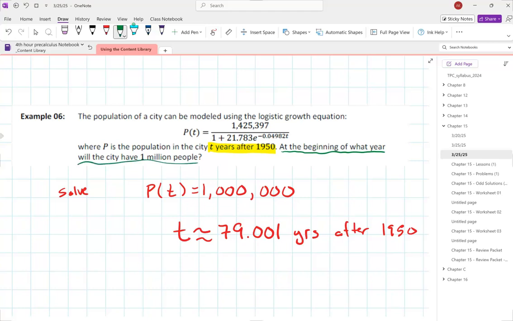Beginning of what year? Should I be rounding up or down? Up. Yeah, so t rounds up to 80. And then if I add that to 1950, I get the beginning of the year 2030. Even though it was 79.001, it still needed to be rounded all the way up, to 2030.